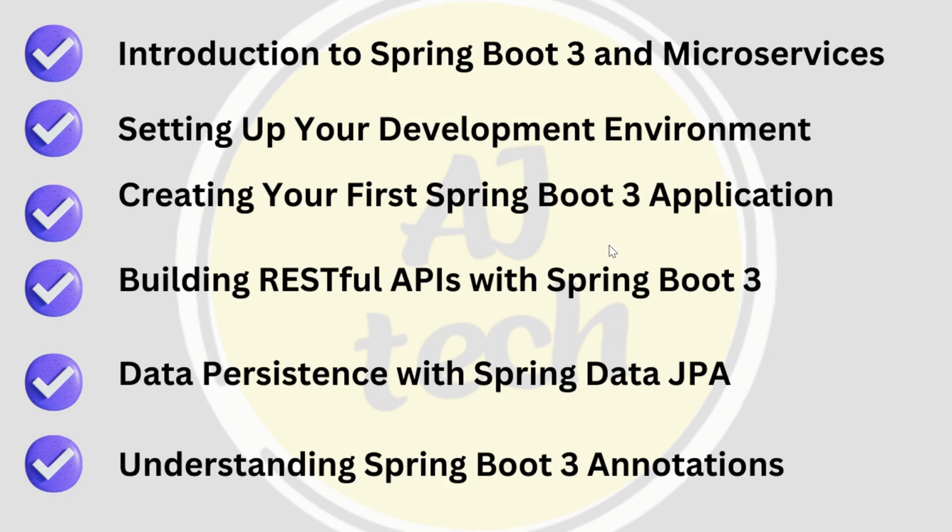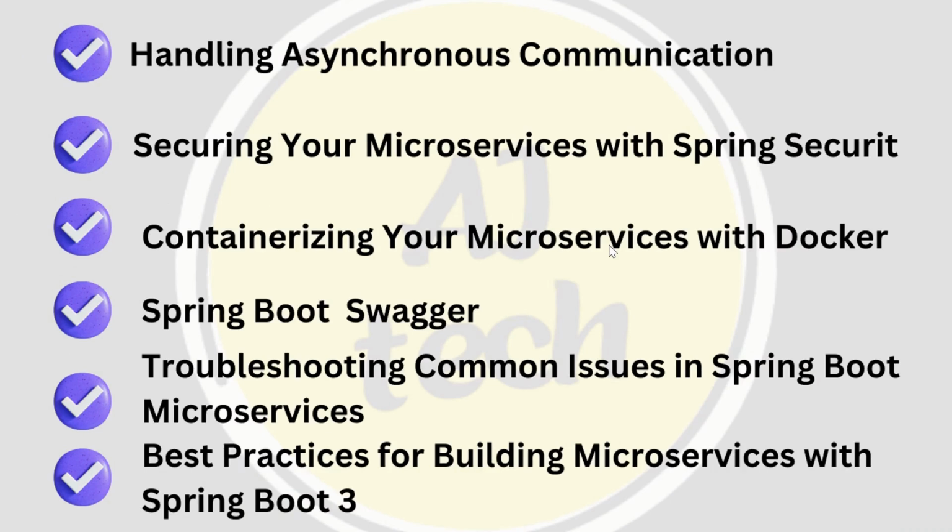Then we'll start understanding what annotations are available in Spring Boot 3 and how to deal with them. After that, we'll see asynchronous communication in Spring Boot. Then we'll see how to secure your microservices components using Spring Security.